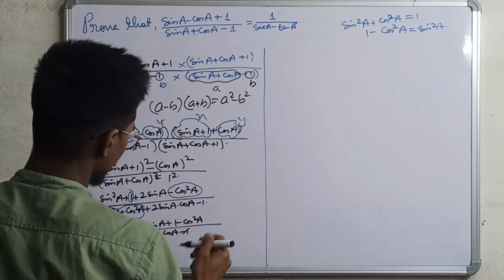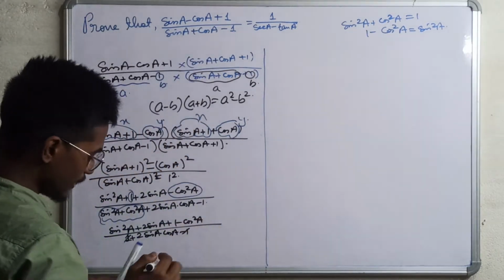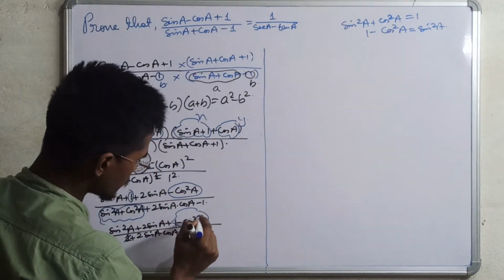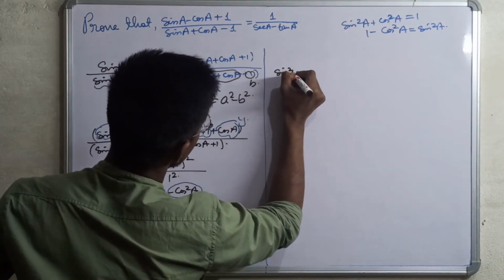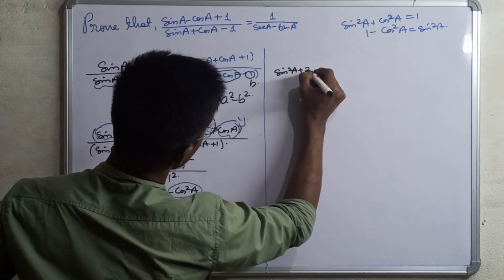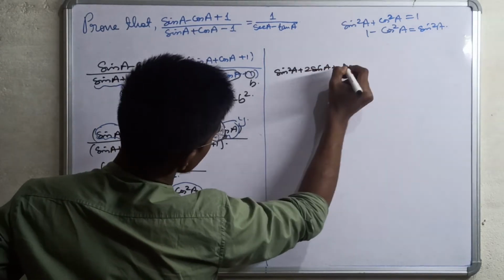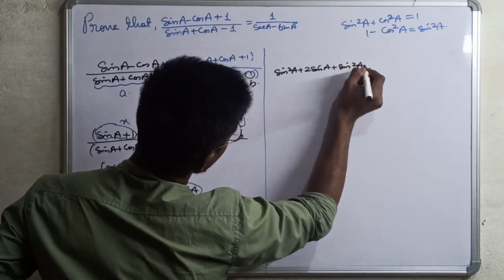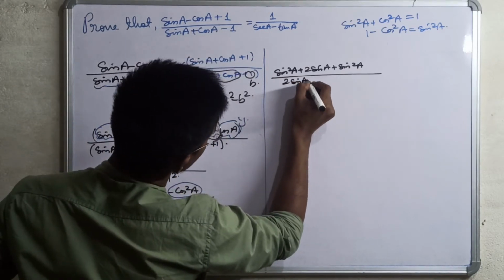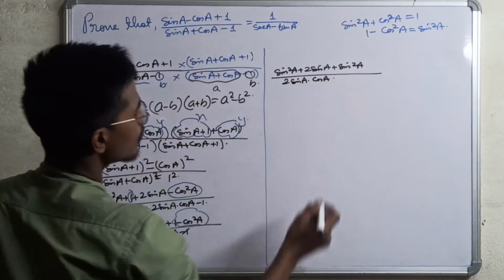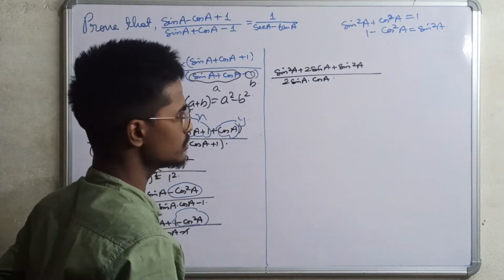Instead of 1 minus cos square a, we can write sin square a plus 2 sin a plus sin square a upon 2 sin a into cos a. Now we are about to reach the solution. We are very close.